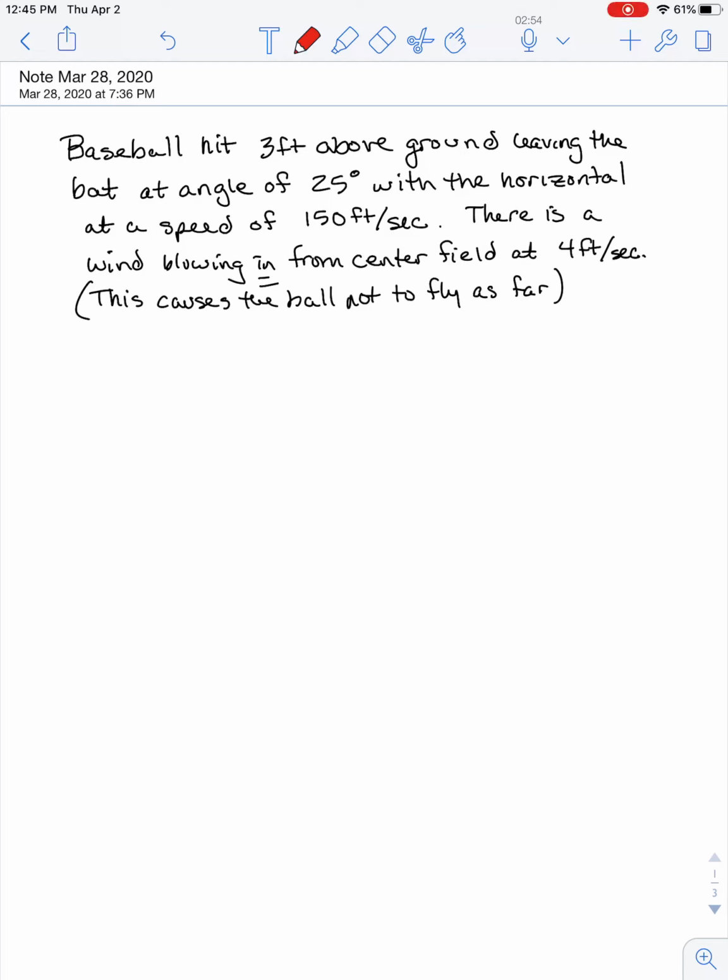All right, with this example, we're going to take a look and see how the wind can affect one of these problems. We have a situation where the baseball is being hit 3 feet off the ground, at an angle of 25 degrees with the horizontal.